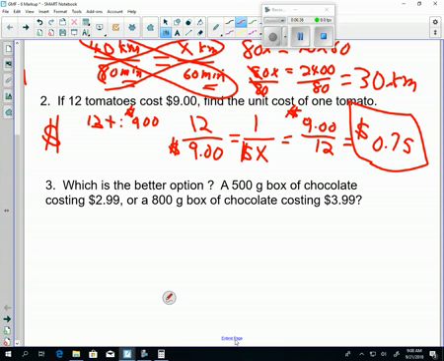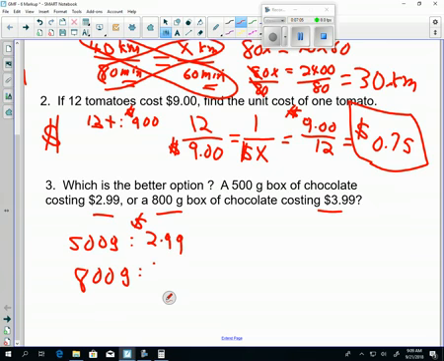Okay, and the last example is which is a better option. You've got to decide whether a 500-gram box of chocolates costing $2.99 is cheaper than an 800-gram box costing $3.99. So you set that up. We'll put 500 grams is $2.99, and we have 800 grams, $3.99.